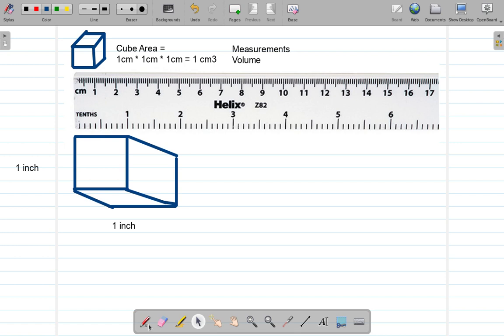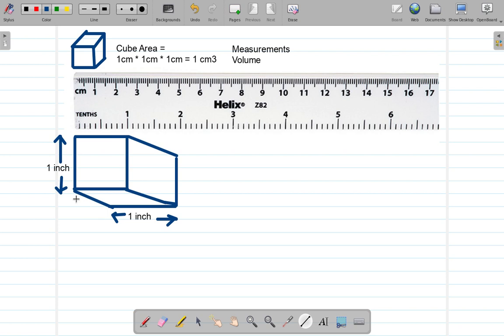Let's put some dimensions on it. 1 inch wide, so it's from here to here. And you have 1 inch high. This height is from here to here. And then it is 1 inch long.